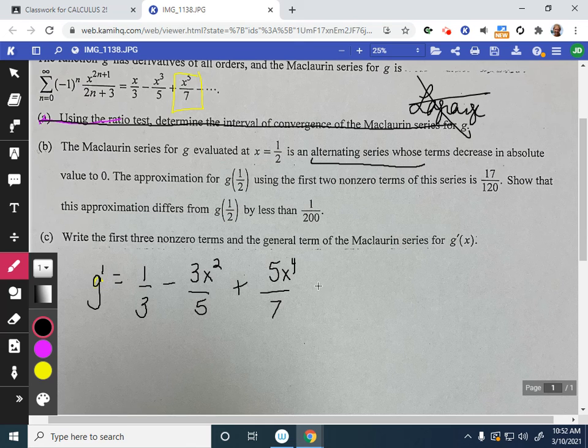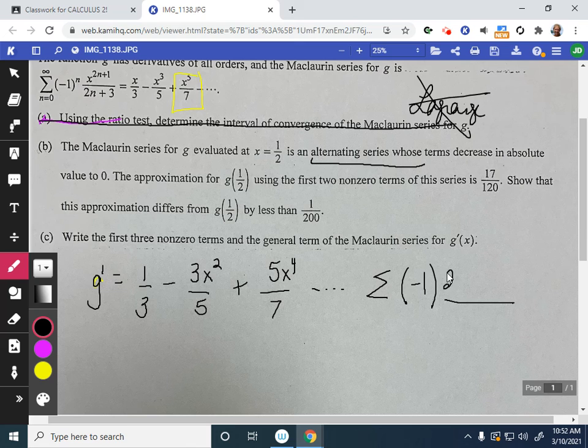And then the general term, we've got an alternator, we've got a fraction. On the bottom of the fraction, I've got odd numbers. On the top of the fraction, I've also got odd numbers. And then the powers of x are even numbers. So I've got odd numbers over odd numbers, but the odd number on the bottom's bigger.